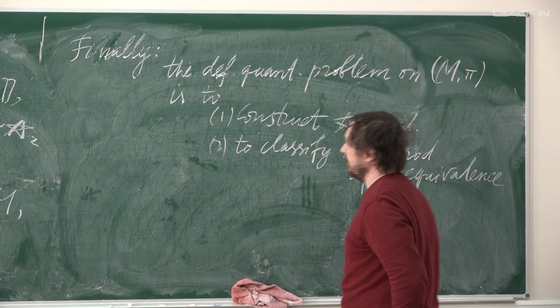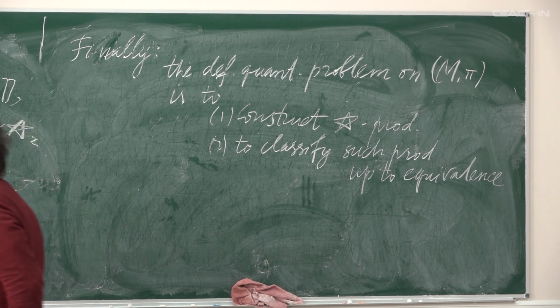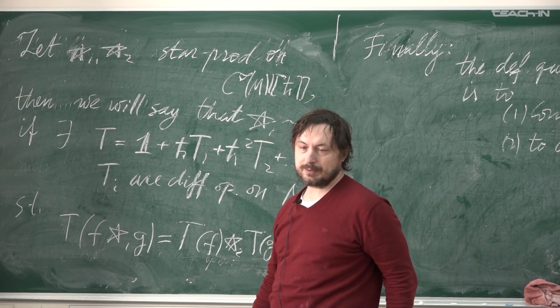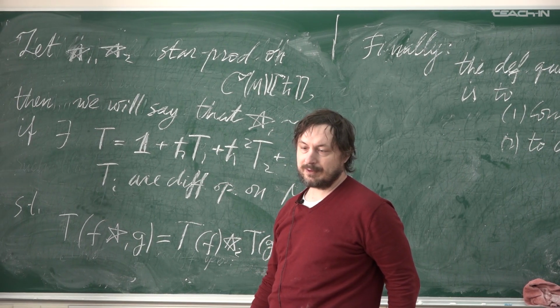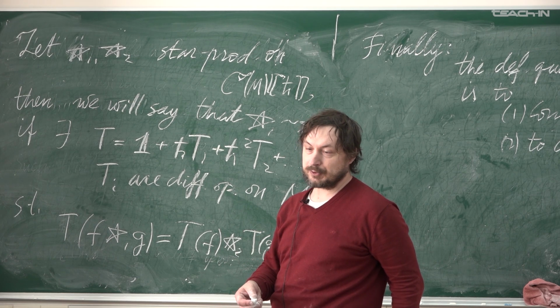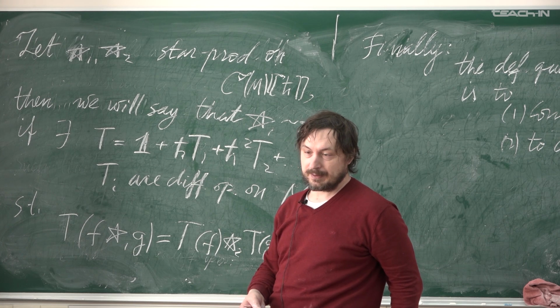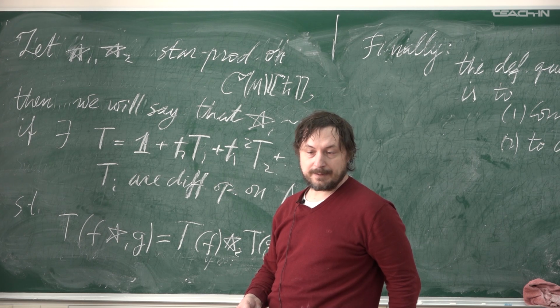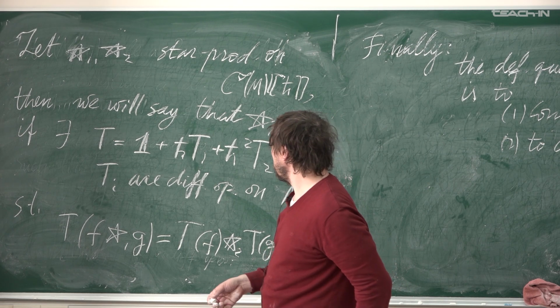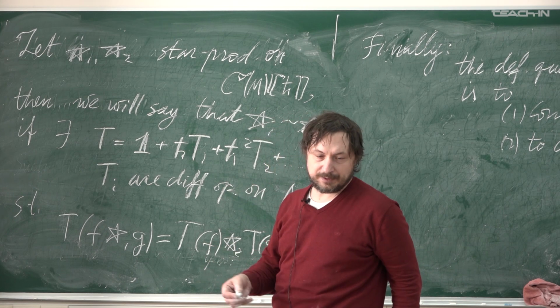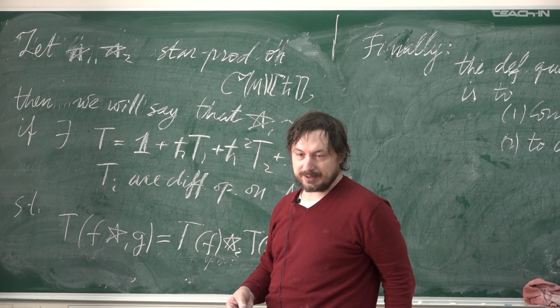Well, sometimes you can relax this a little bit by something not that simple. Of course, if you have a Poisson manifold and a Poisson morphism, a diffeomorphism which preserves the Poisson structure, then you can use this diffeomorphism to change a little bit the star product.